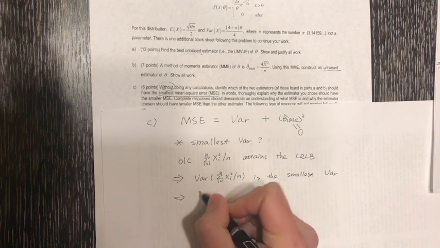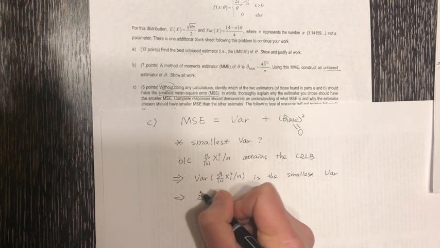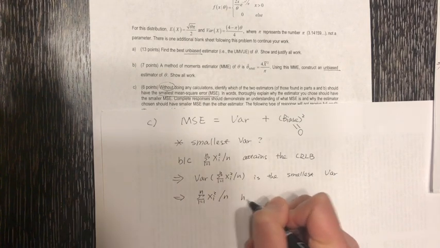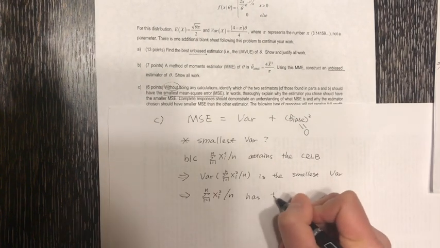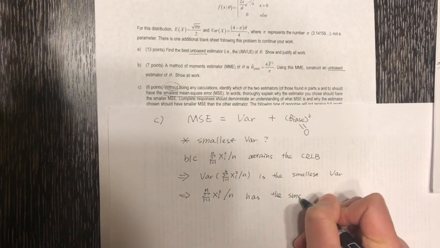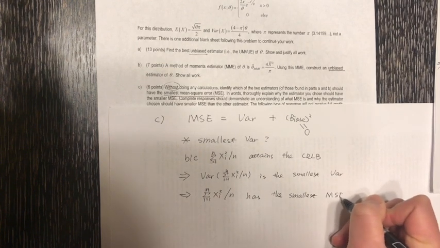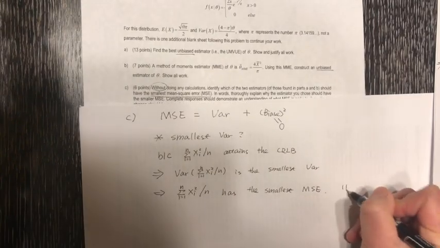So then we can see this estimator has the smallest mean square error. So problem solved.